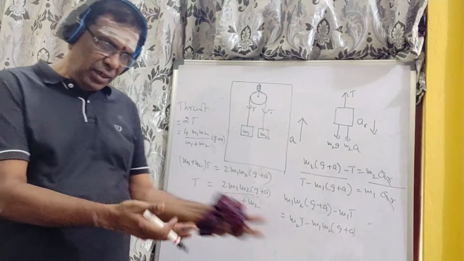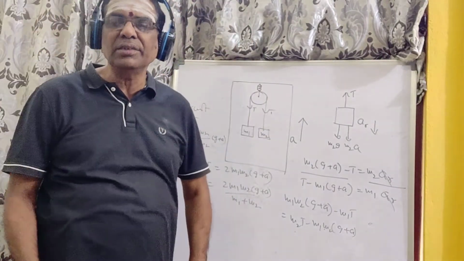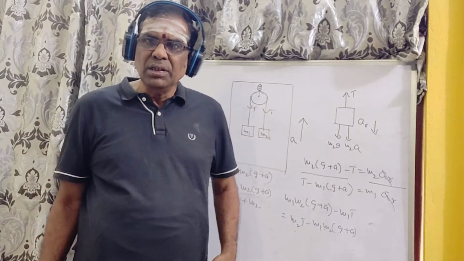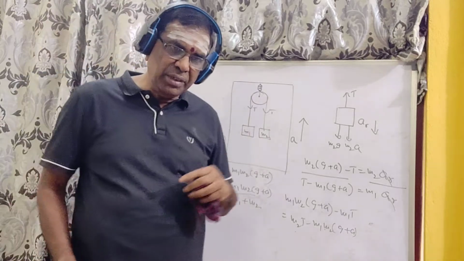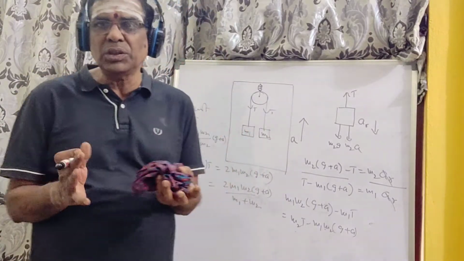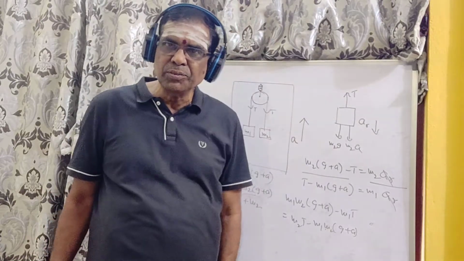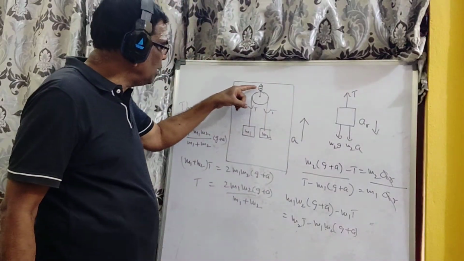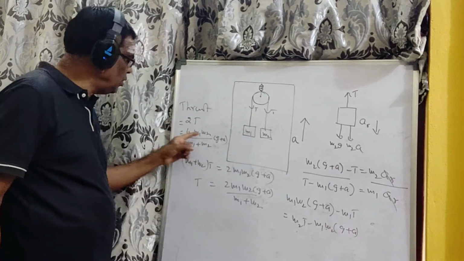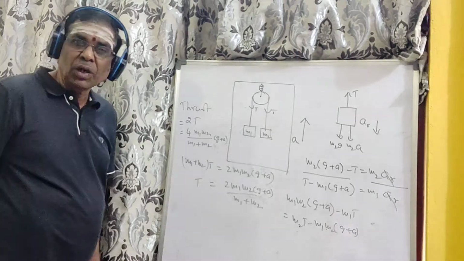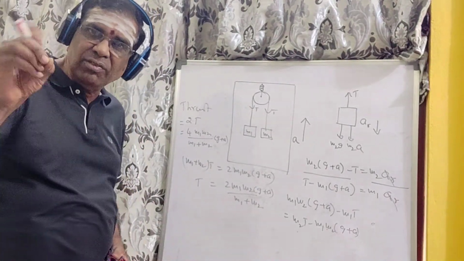Now if I stand on a spring balance, or if I'm made to hang from a spring balance, suppose I'm 80 kilos, the reading is 80 kilos, but what it should actually show is the force, tension 80 into g. So similarly, the mass of all that into g is actually 4 into all this. So whenever they ask the reading of the spring balance, divide with the g.